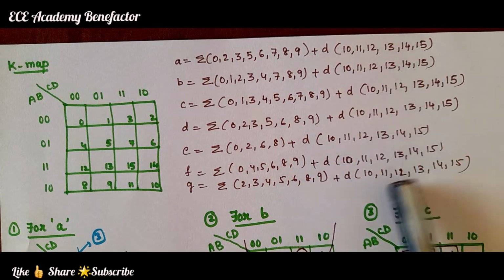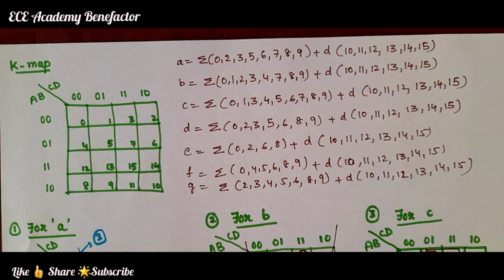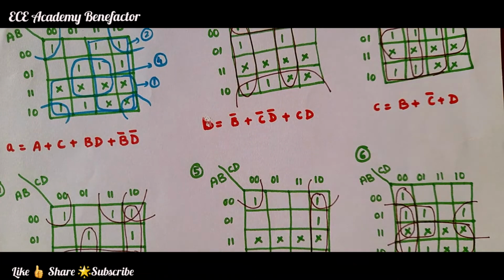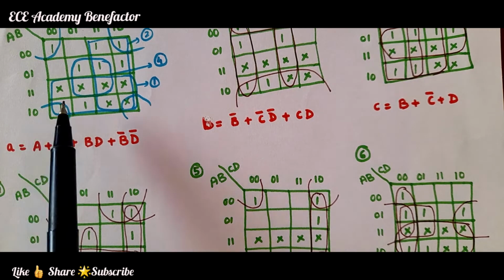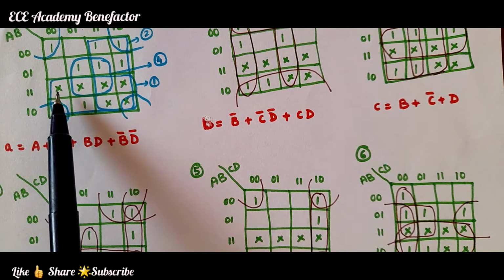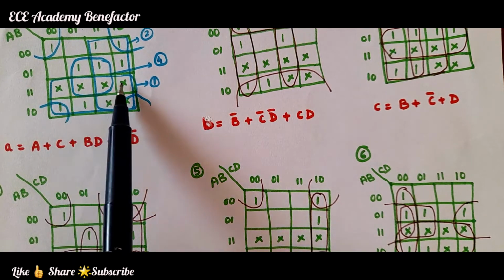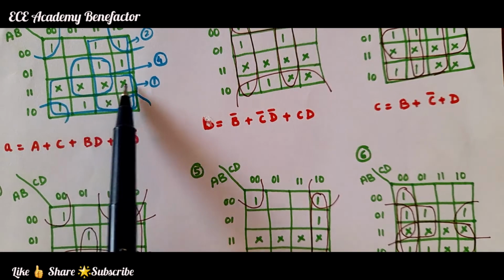In all the K-maps, a total of 7 K-maps I have taken, one for each segment A, B, C, D. If you carefully look at it, all the 10, 11, 12, 13, 14, 15 are X.